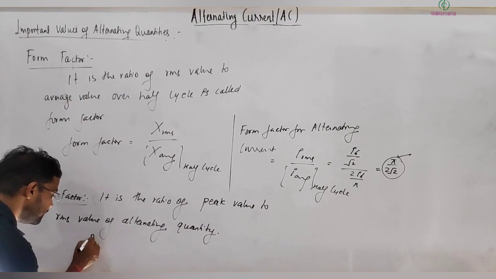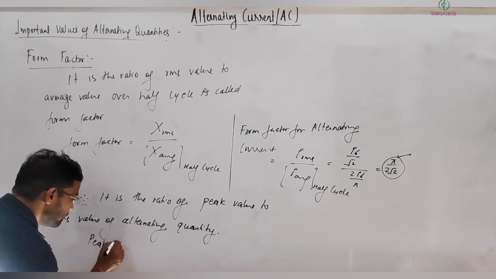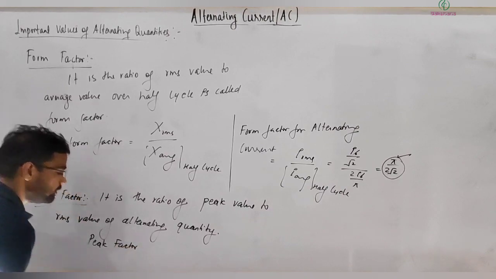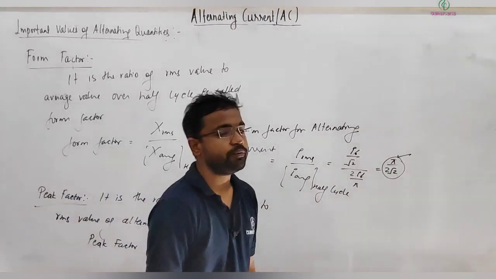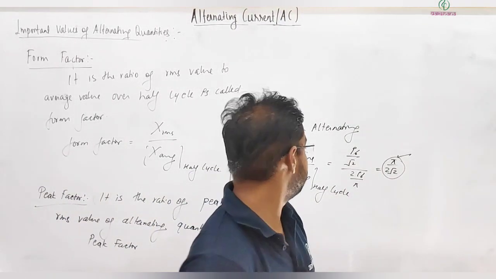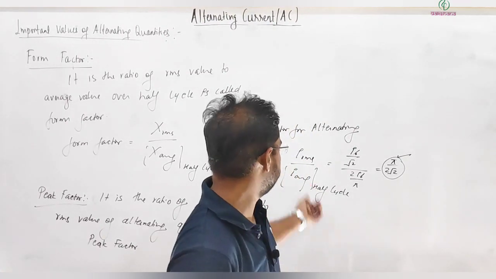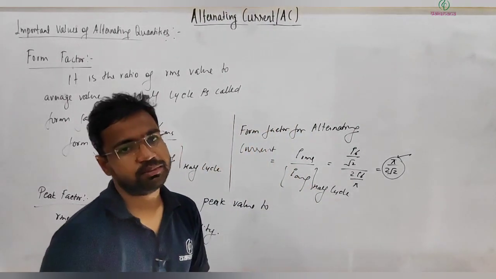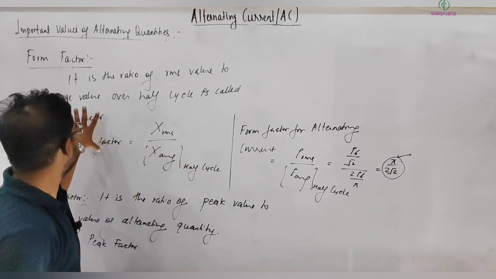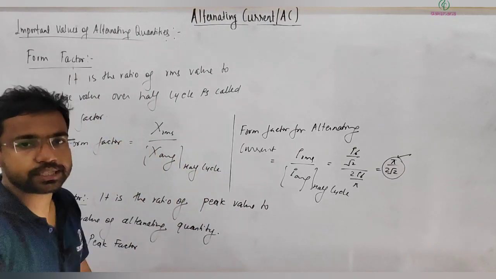So it's a simple term, just need to remember. Sometimes you are given form factor and magnitude of, let's say, some RMS, then maybe average value, something like that, some relation may be asked to you. So if you just know the term, then you can answer it easily.